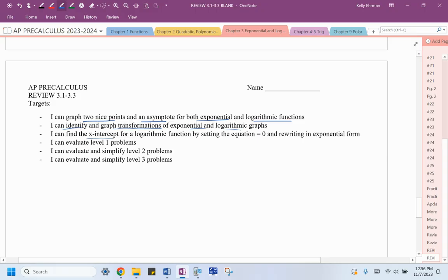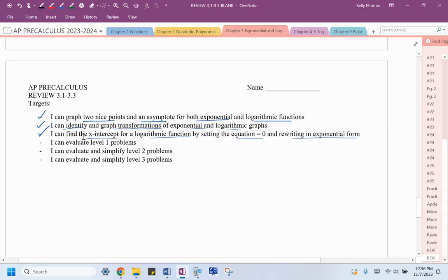And I can find the x-intercept for a log function by setting the equation equal to 0 and rewriting in exponential form. So you want to make sure you can do all three of those things. And again, if you're saying, well, I didn't quite get the hang of that x-intercept thing, please come in and ask for more help on that. Or you can also probably search for help on that and find some good explanations as well.